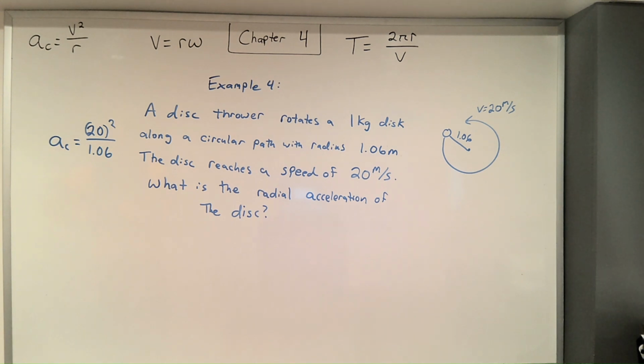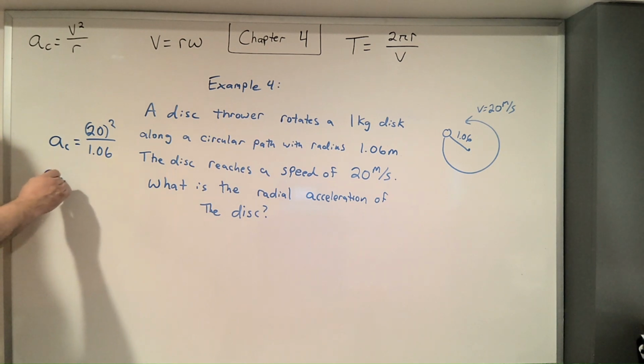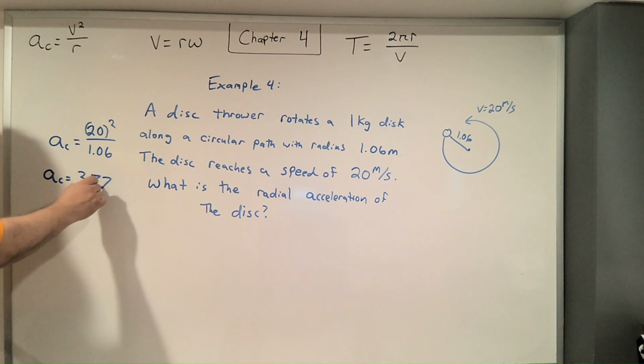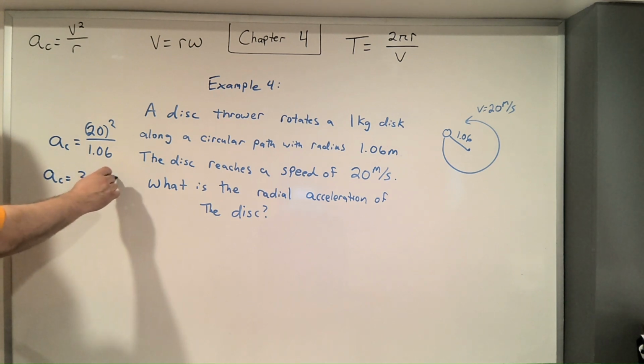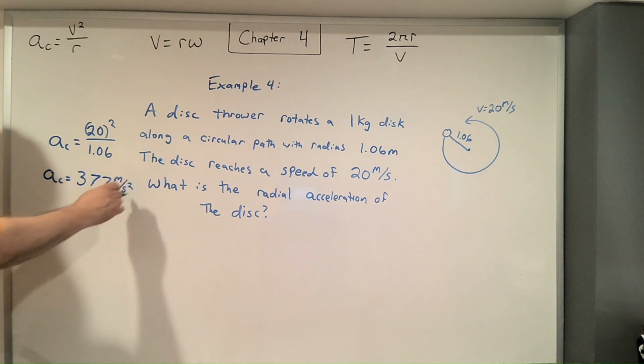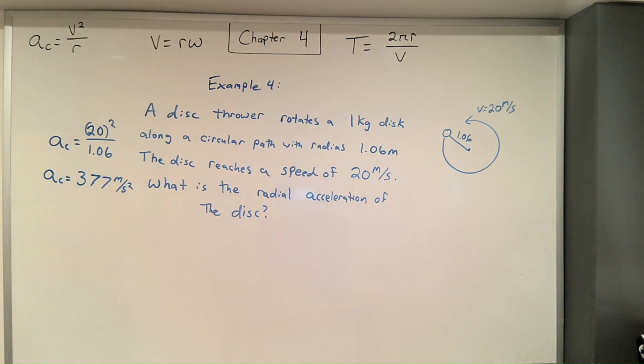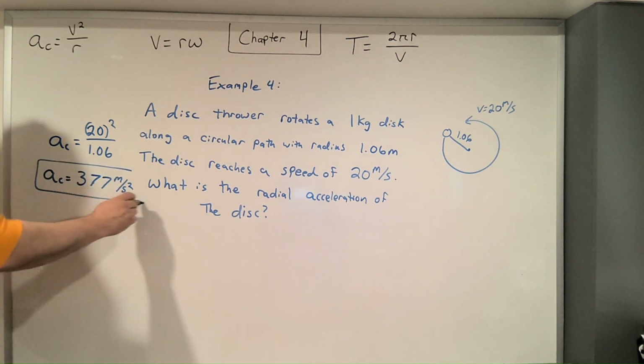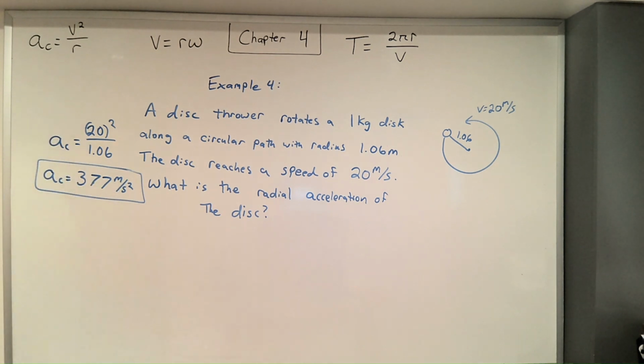And you'll get a large acceleration of around 377 meters per second squared. All right, 377 meters per second squared would be our radial acceleration, centripetal acceleration.